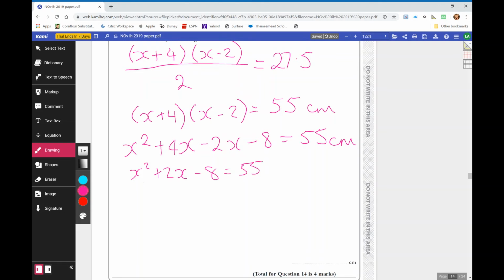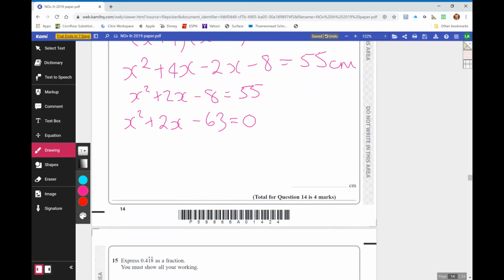So what you want to do is minus the 55 from both sides. So you end up with x squared plus 2x minus 8 minus 55, which is minus 63, equals 0. So now, as you can see, I can try and factorise this and solve it. We want two numbers which multiply to get minus 63 and add to get 2.